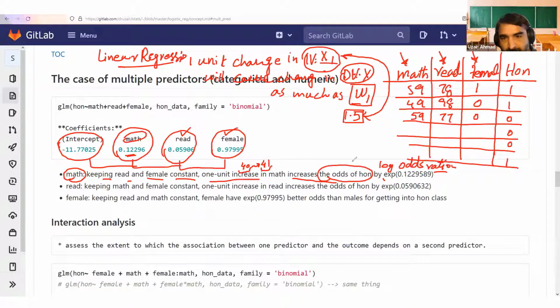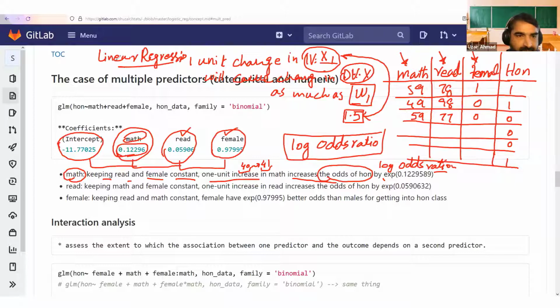If we take ratio of both numbers, that number is represented by the coefficient. So the key word here is log of odds ratio.